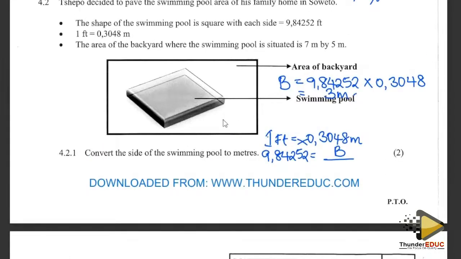So there's a certain part that will be paved, but we want the area that would not be.